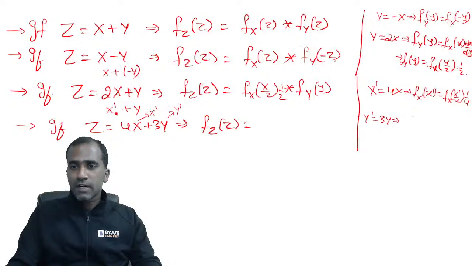If you are confused, I'll write the formula and do it now. For this case, in the regular procedure, Fy dash of y dash is equal to fx of x into modulus of dx by dy. But here x is not there, only y and y dash are there, so x will become y. So formulas also have to change according to the variables. Here no x and y, only y and y dash.